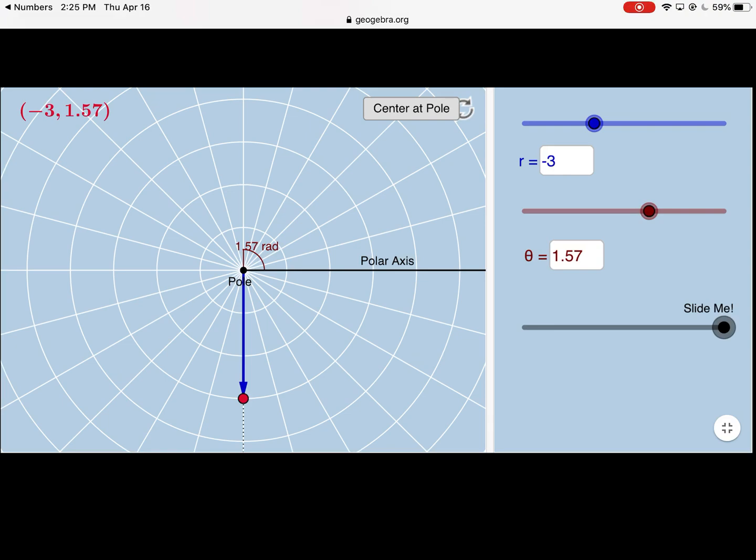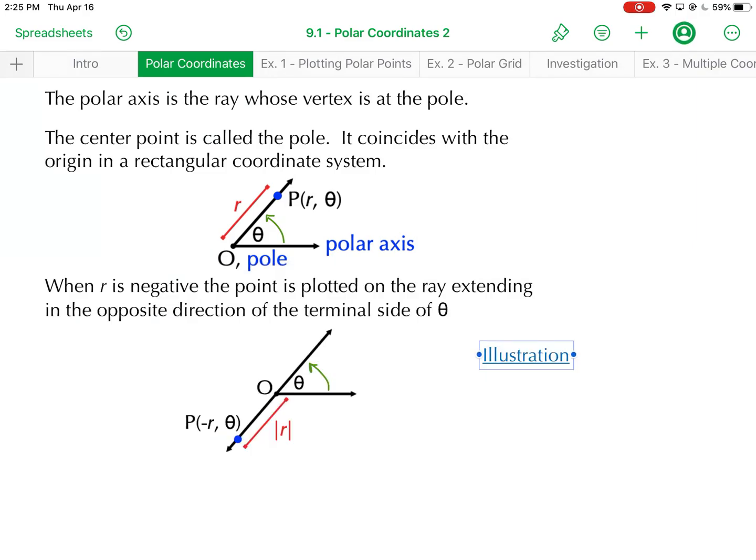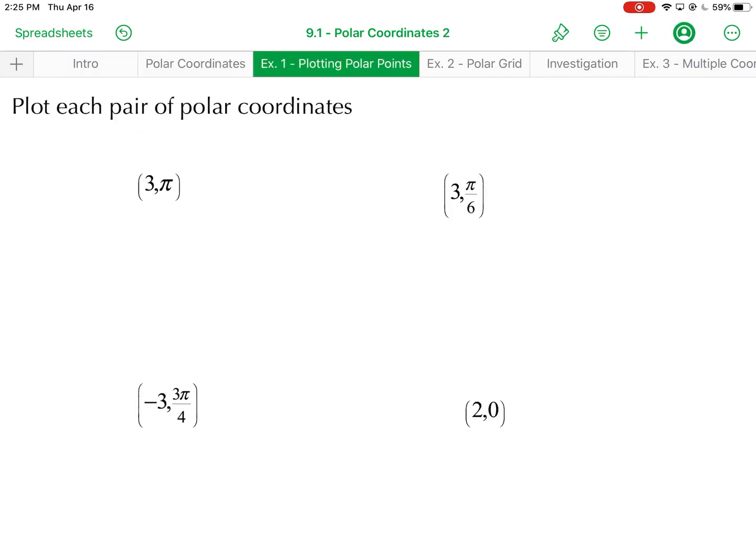Okay? All right, let's do a little bit of this ourselves. We're going to begin without plotting in the grid system. We're going to do this just on a white background here.